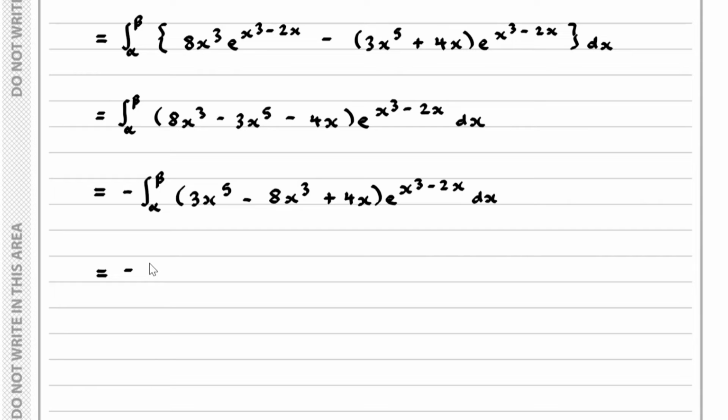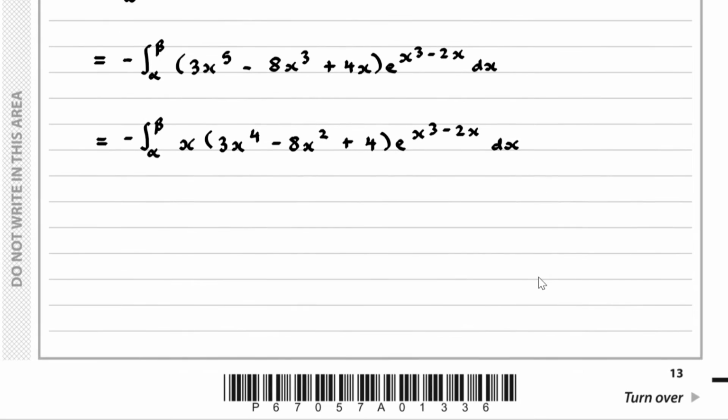So we've got minus, and then the integral between alpha and beta, and what I can do is factorize out an x. So I've got an x multiplied by 3x to the 4 subtract 8x squared plus 4, then I've got e to the x cubed subtract 2x dx. And now we can factorize this bracket even further.